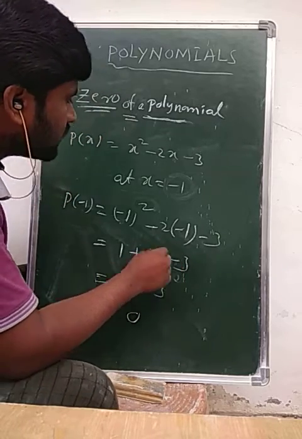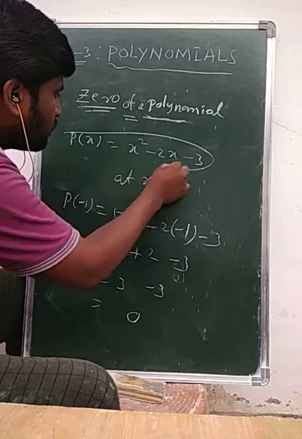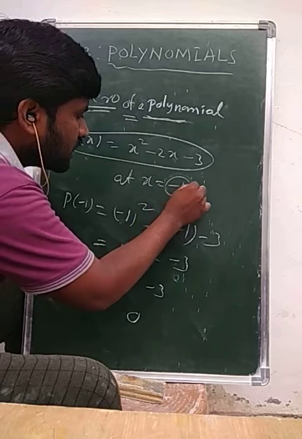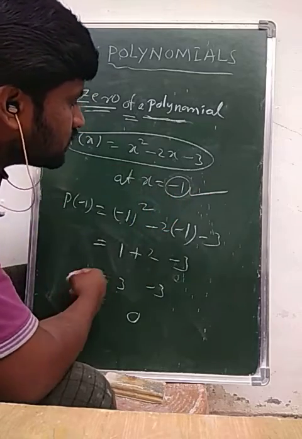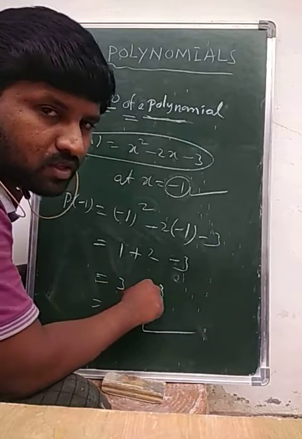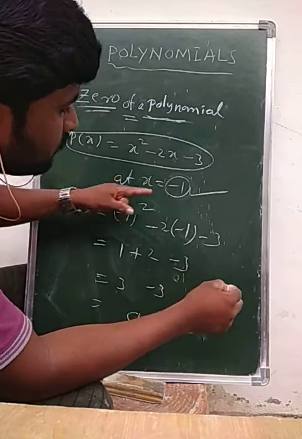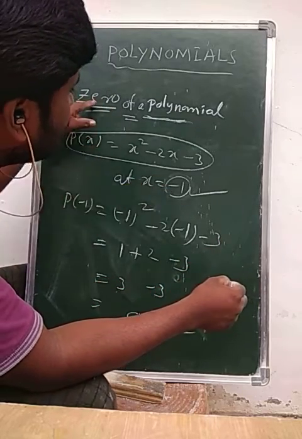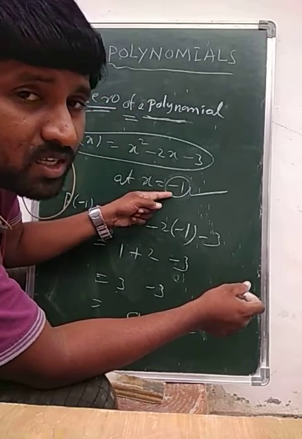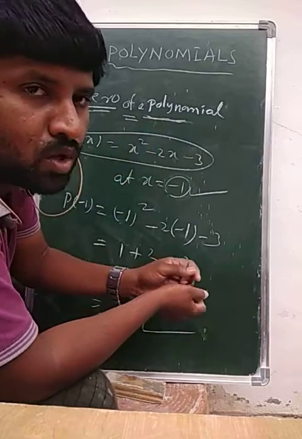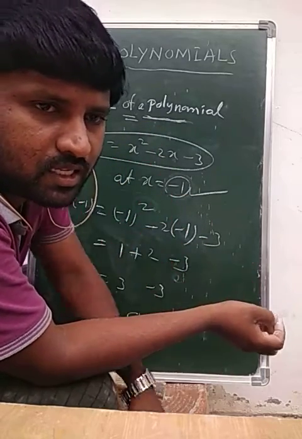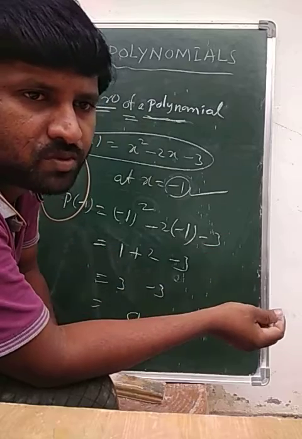I substituted in the polynomial p of x, in the place of x, a real number minus 1. The value of the polynomial becomes 0. Then we call minus 1 a zero of the polynomial. You can take a polynomial with variable x or variable y, your wish.